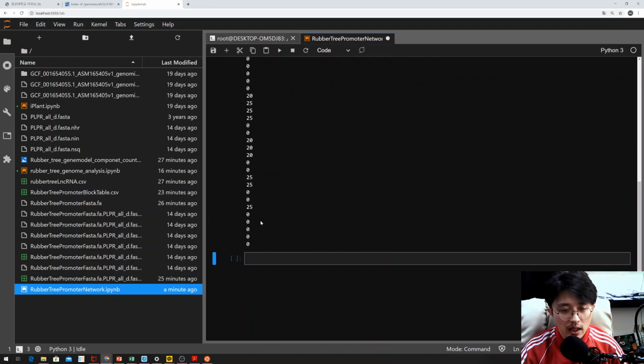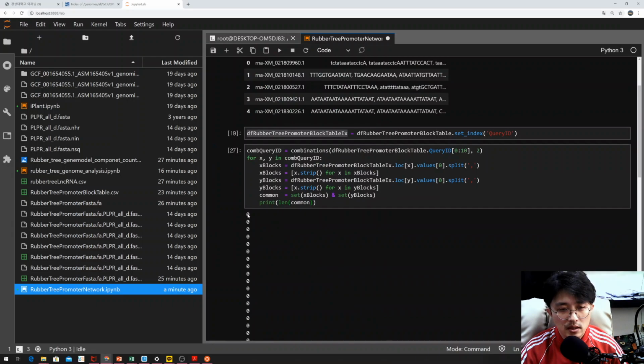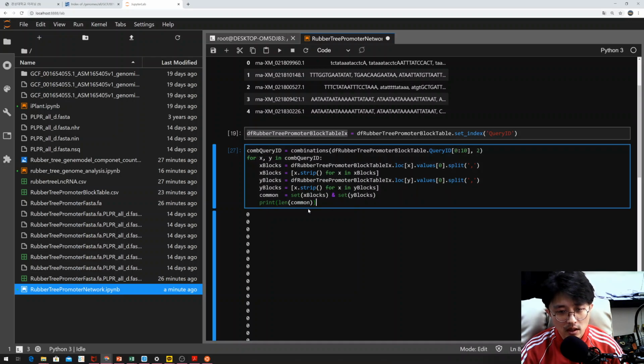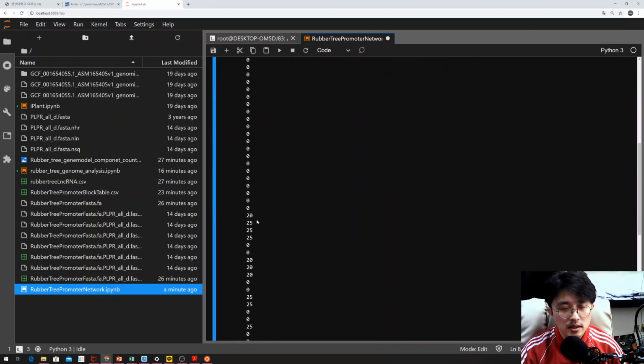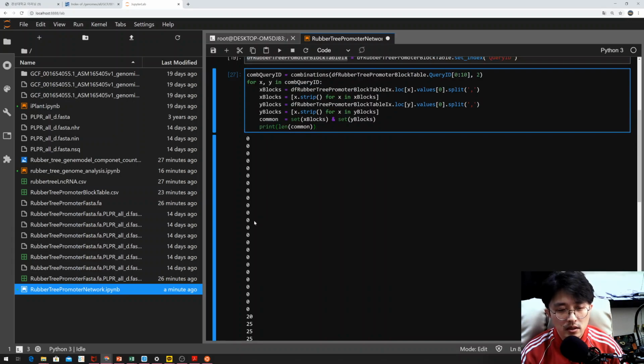So I'm imagining that there are so many numbers in all of these combinations, right? So if you have more than zero like this, then it will have a certain common element. This will be the one that we are actually interested in, because these two combinations share the promoter block, and it can be controlled by a shared complex.